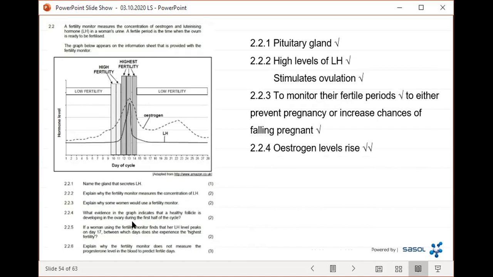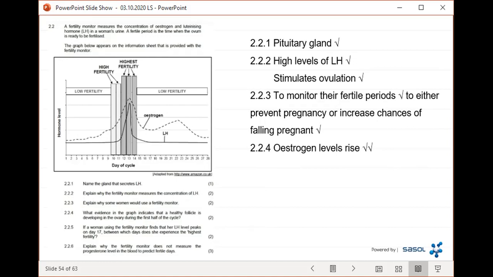Okay, then question 2.2.5. If a woman using the fertility monitor finds that her luteinizing hormone level peaks on day 17, between which days does she experience her highest fertility?